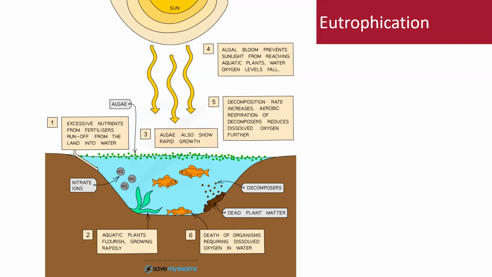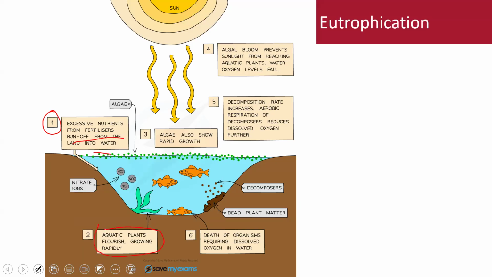Right, so I'm going to go through eutrophication in a little bit more detail. Number one, nutrients run off the land into the water. That's the first stage. Number two, aquatic plants flourish and grow rapidly.